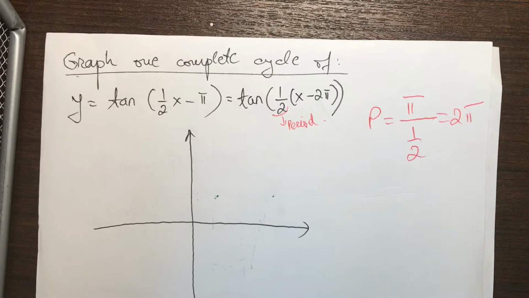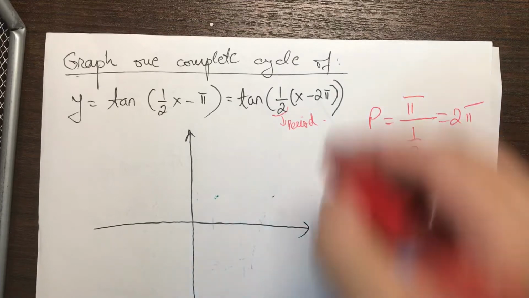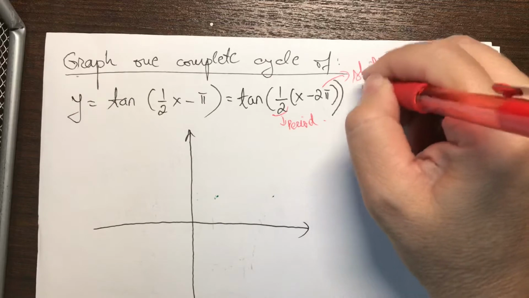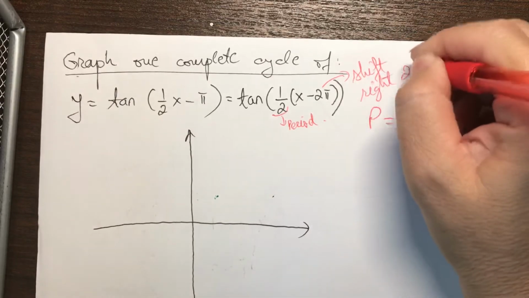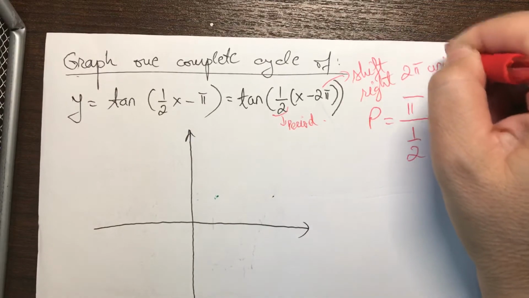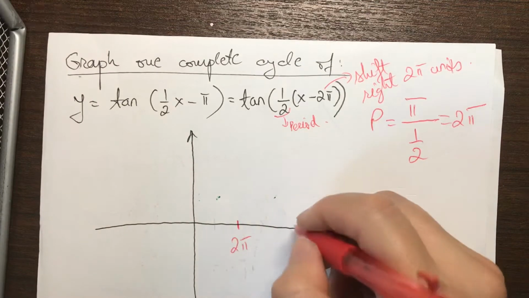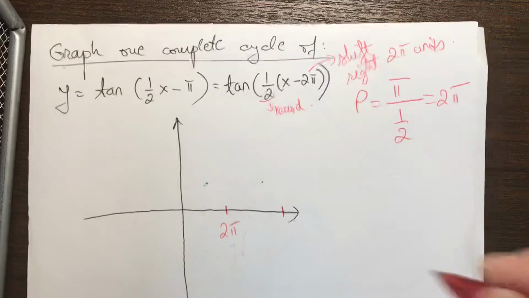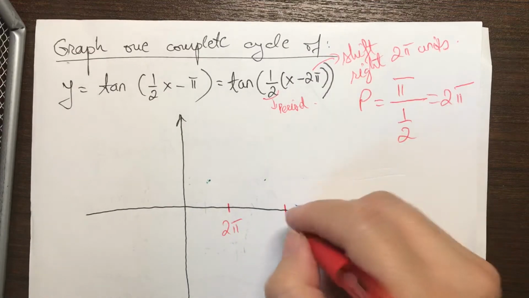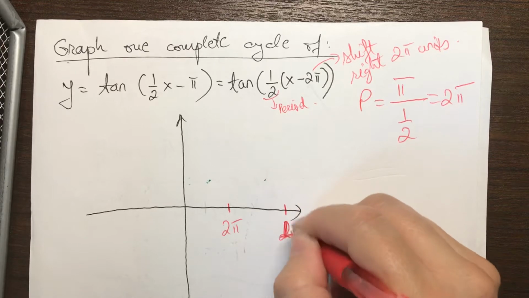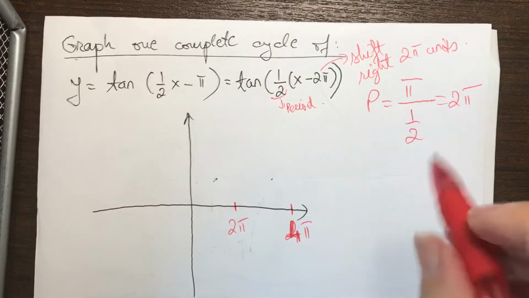I'm going to shift this whole thing to the right 2 pi units. So one thing I could do is 2 pi, and then the period of it will be 2 pi, so in other words, it's going to get to 4 pi.